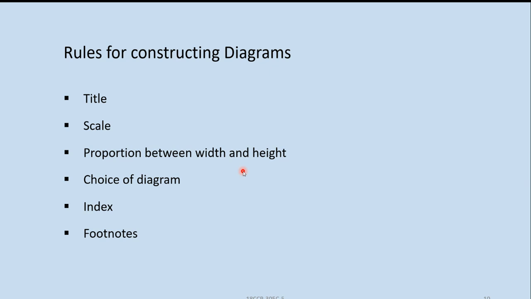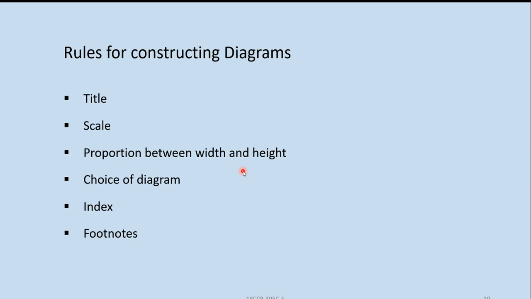That means we are condensing the information into a small picture so that the picture can easily convey the meaning. So the complete data must be covered in the picture. The size of the data and the size of the picture should match each other, and the message should be conveyed properly.